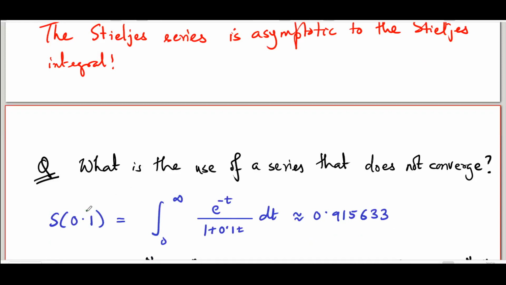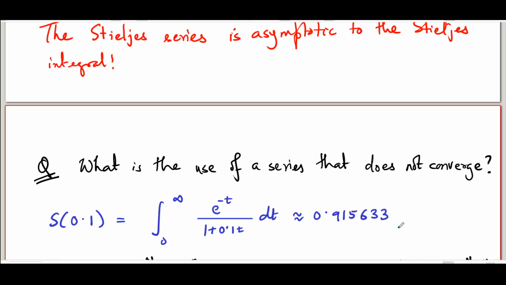The answer? Well, let's check that. The value for the Stieltjes integral for x equal to 0.1, a reasonably small value of x, is given by this quantity, which can be worked out very easily. I just asked Wolfram Alpha for the answer, and it told me that the answer, at least approximately correct to 6 decimal places, is 0.9115633.